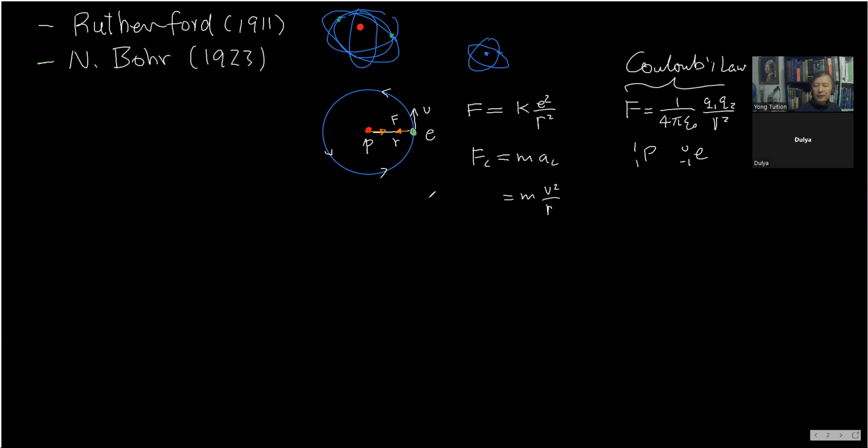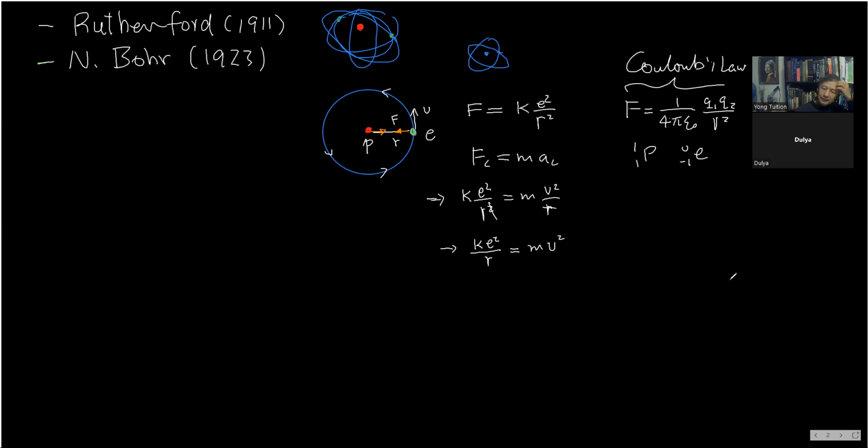So if you combine these two formulas, we get k e squared divided by r squared. If we simplify, we can cancel this r squared, so we can simply write k e squared divided by r is equal to m v squared.